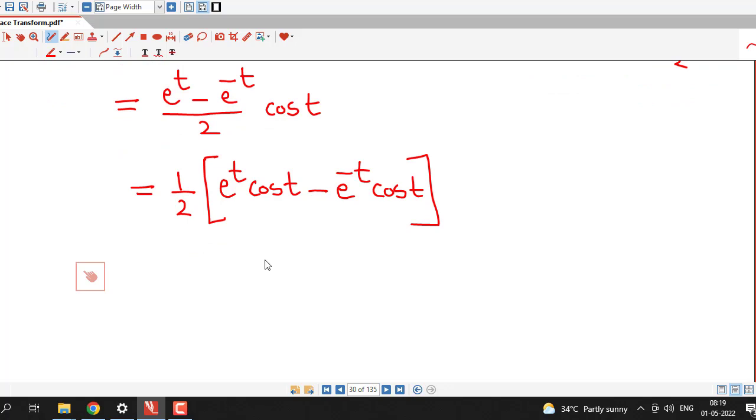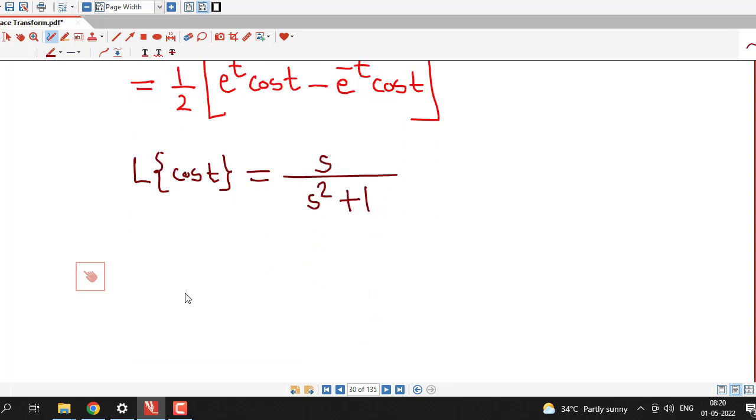So for this we require the Laplace transform of cosine function, and we know that Laplace transform of cosine function is s divided by s square plus a square, that is s divided by s square plus 1.